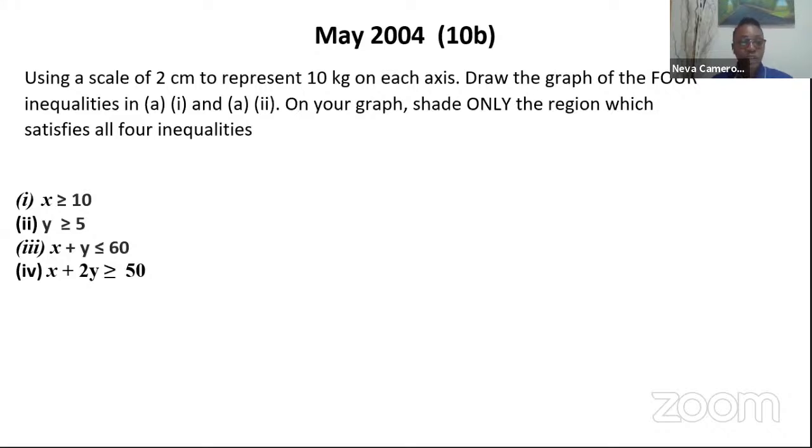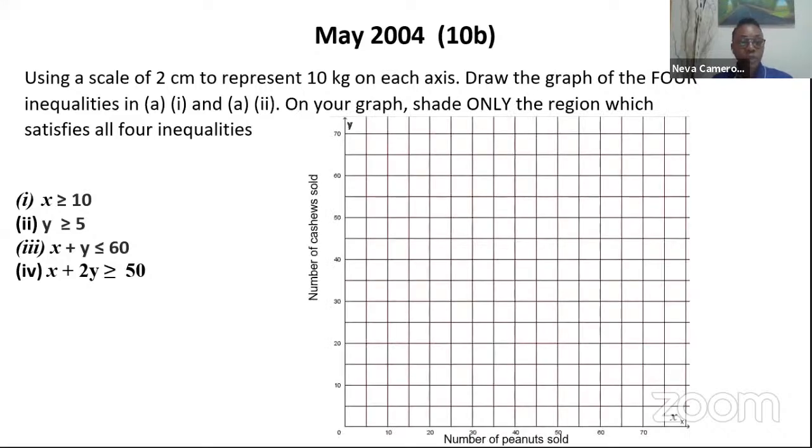So let's look at these 4 inequalities. The first one we have is x greater than or equal to 10, which speaks to the peanuts. Now, if I wanted to draw the line x equals 10, where would that line x equals 10 lie on this Cartesian plane?